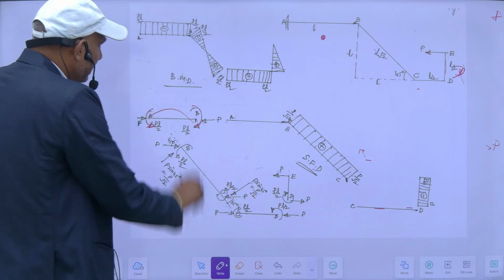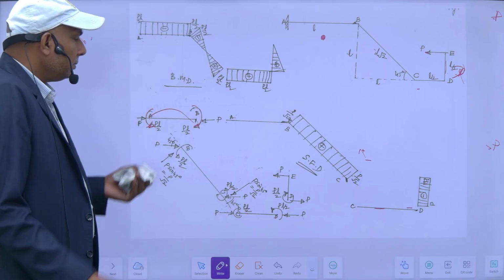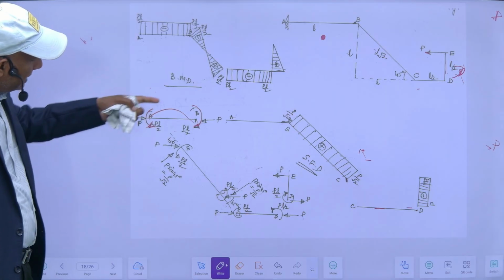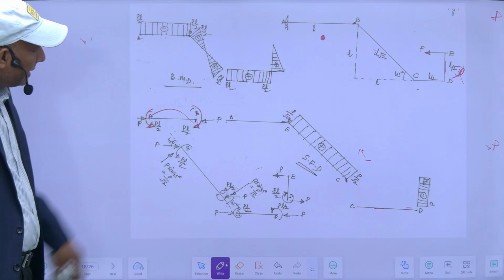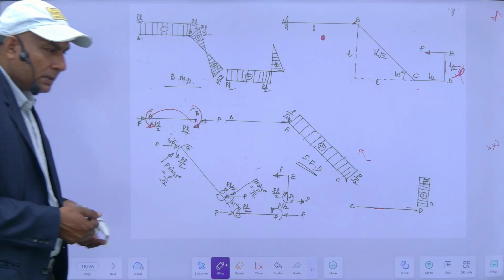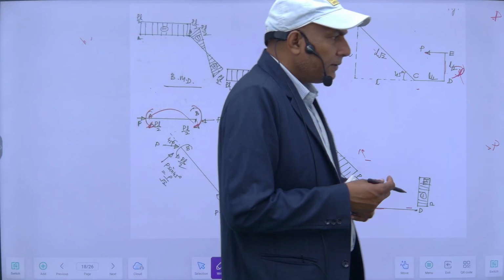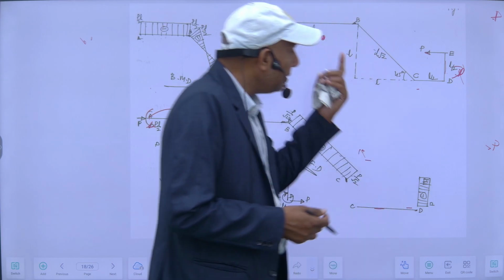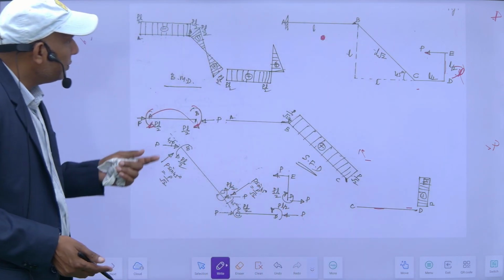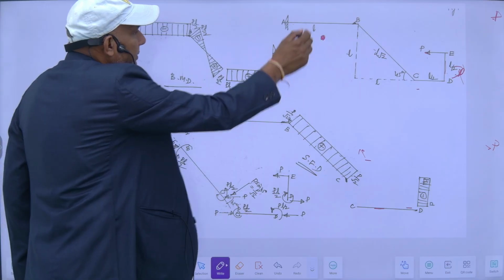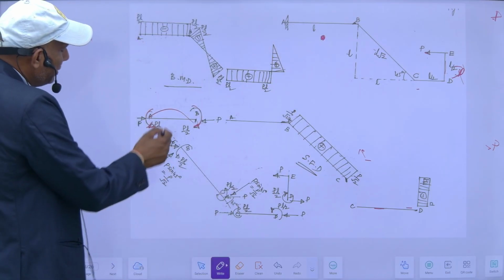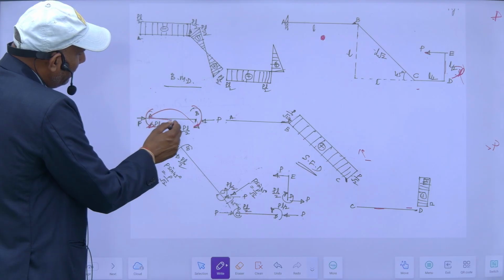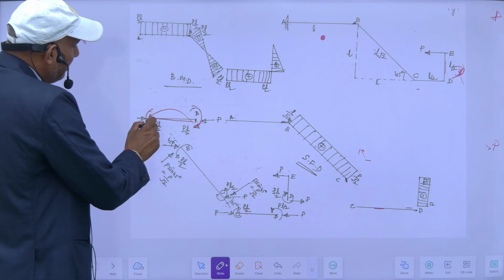If I am sitting here, then it will be sagging. So you can choose any of the directions, either from the outside or from the inside. If I am sitting here and seeing this beam, it will be hogging in nature, and in between there is no vertical load. So bending moment will be like this.